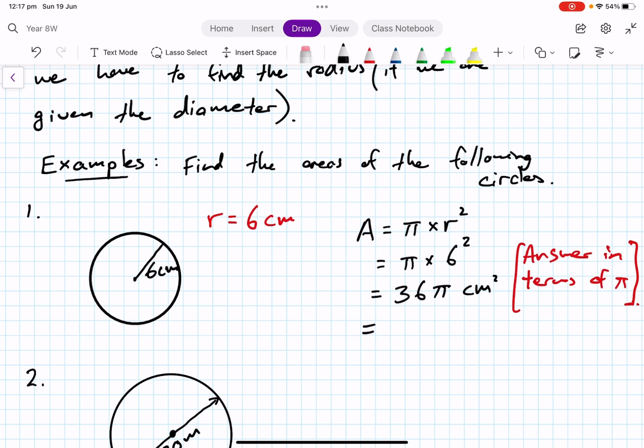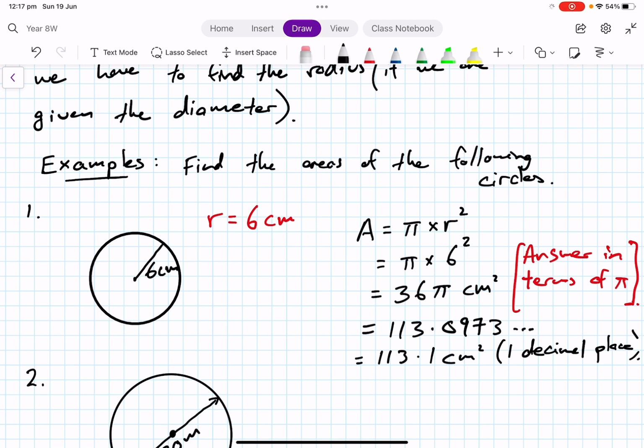So if I type into my calculator 36 times pi, equals 113.0973... and I do it to a few decimal places. And so it's 113.1 square centimeters, to 1 decimal place.